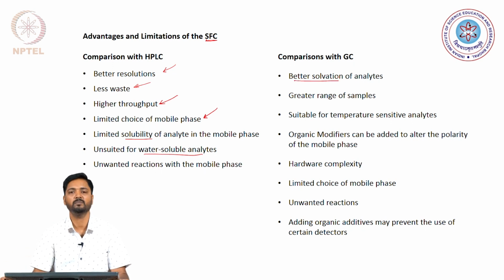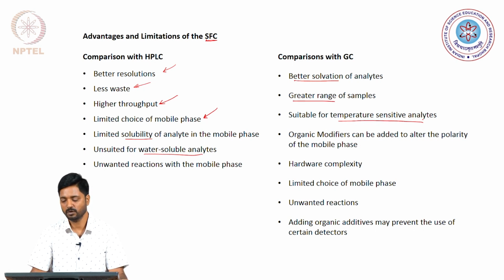If I compare the supercritical fluid chromatography with gas chromatography, because of the higher density of the supercritical fluids, we achieve much better solvation of the analytes, and as a result we will be able to handle a greater range of samples. That also becomes possible because with supercritical fluids we will be able to analyze temperature sensitive analytes, because the operating temperatures are much lower in the case of supercritical fluids compared to that of gas chromatography.